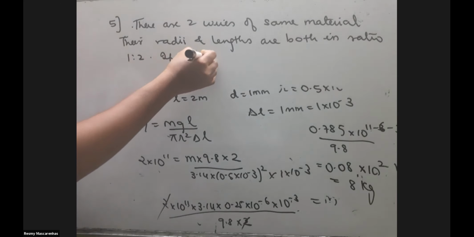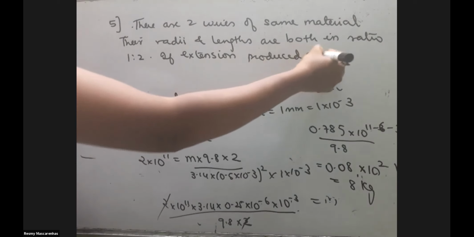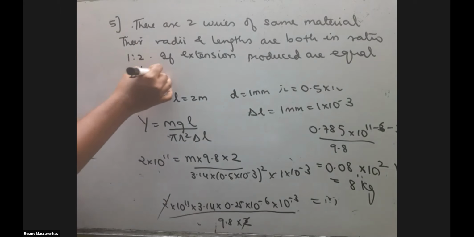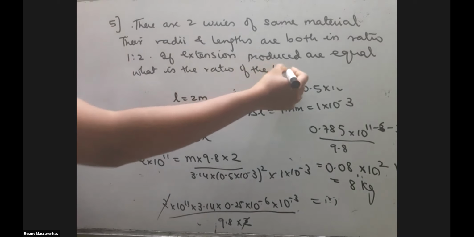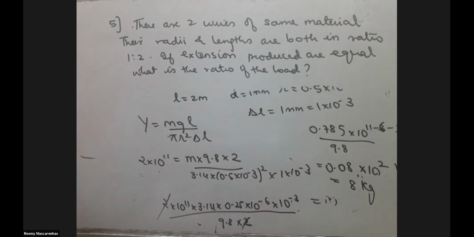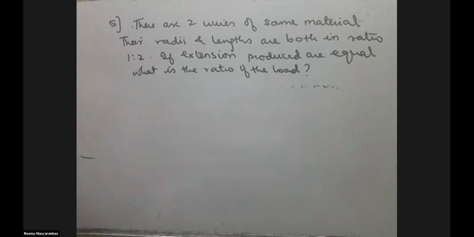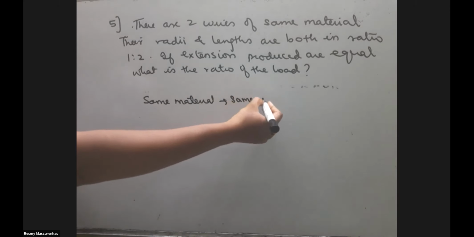If extension produced are equal, what is the ratio of the load? Two wires of the same material. Same material means same Young's modulus.